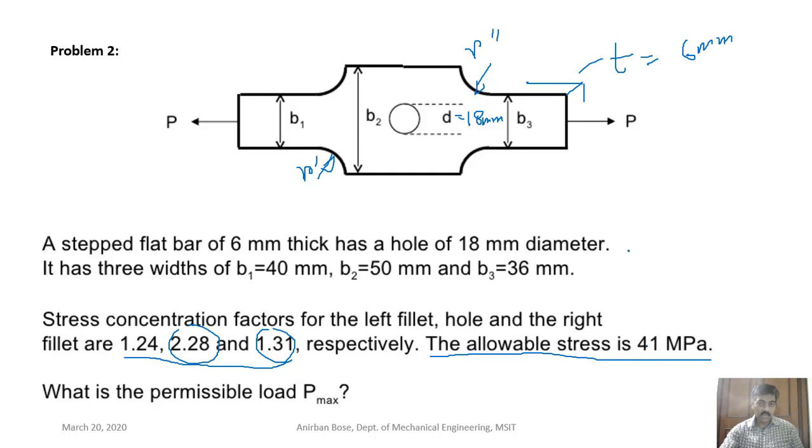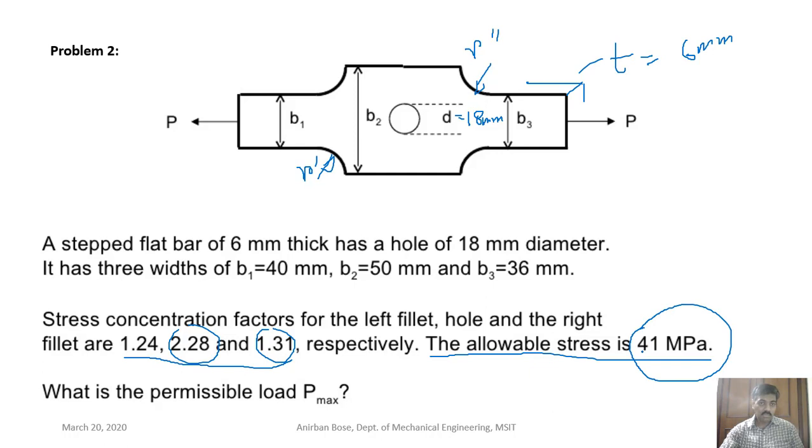This is the allowable value. Then what is the permissible maximum load that you have to find out? So P max that you have to find out such that anywhere in the member the stress cannot exceed 41 megapascal, because that is the allowable stress.